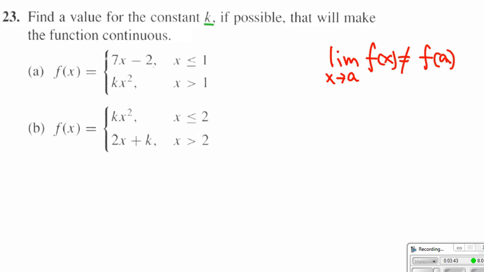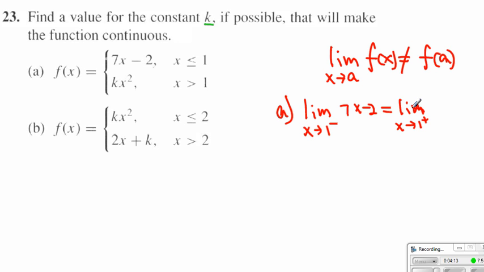Technically, what we have to do is use the limit in case of a. The limit as x approaches 1 from the left, meaning x has to be less than 1, so we are looking at the upper value, 7x minus 2, has to be equal to the limit as x approaches 1 from the right.